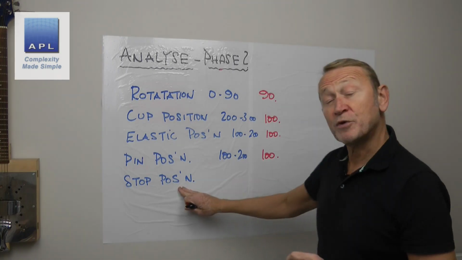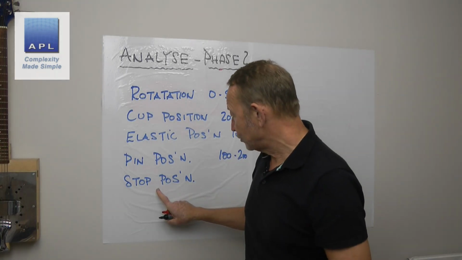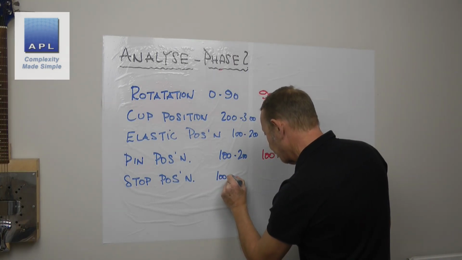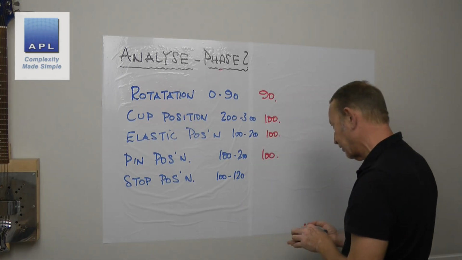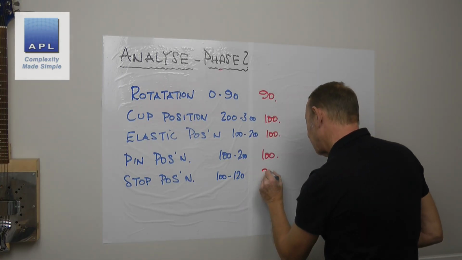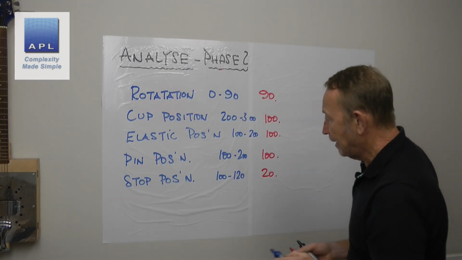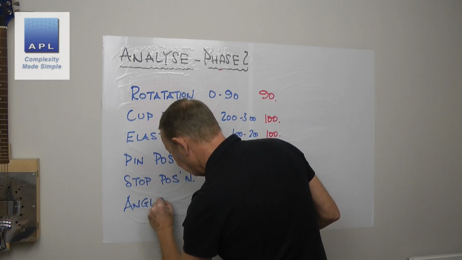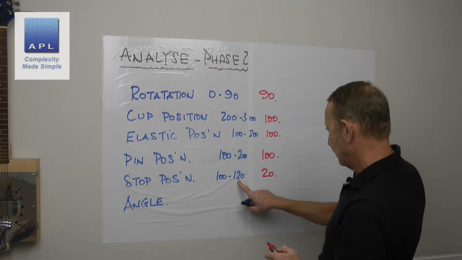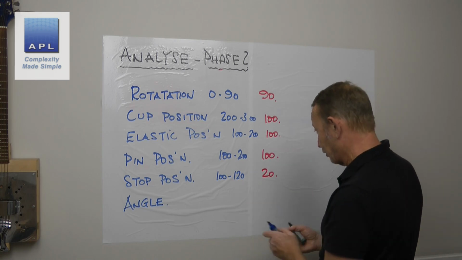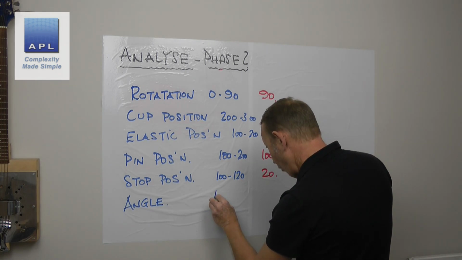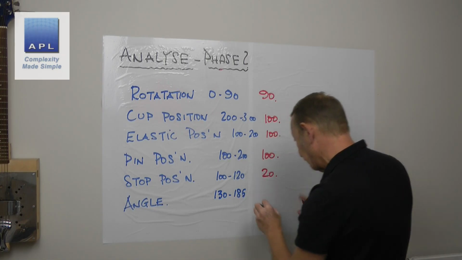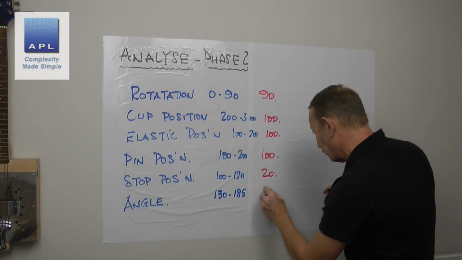This interferes with the arm, so this is an angle setting, and we're going to restrict the stop position to just 100 degrees to 120 degrees. That gives us just 20 choices for the stop. And then finally, of course, we'll have the pullback angle. The angle is going to have to go a little bit more than that because we've got to create some movement. So we'll go from 130 all the way back to 185 degrees. That's 55 choices.